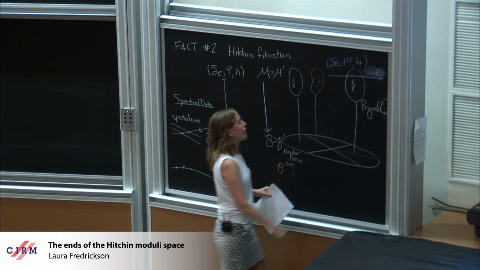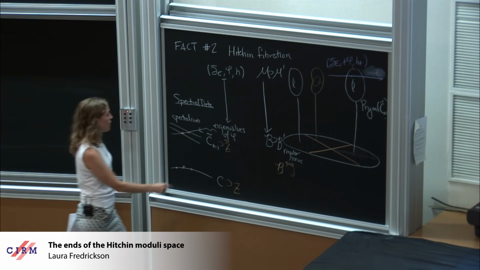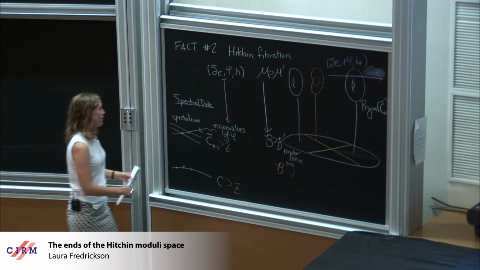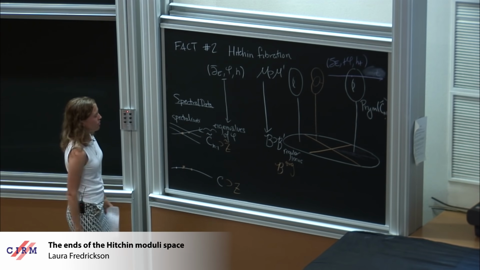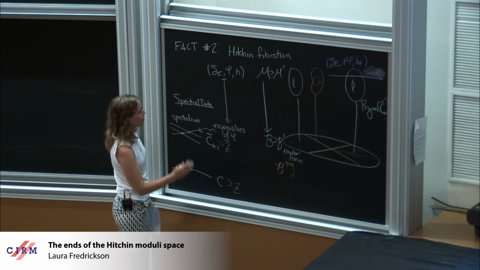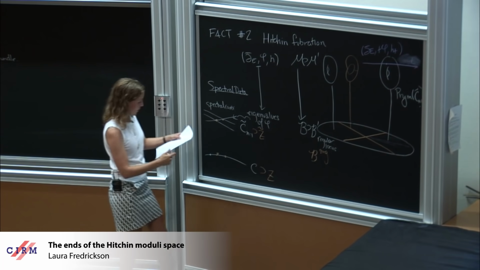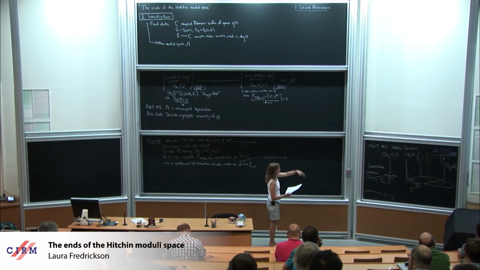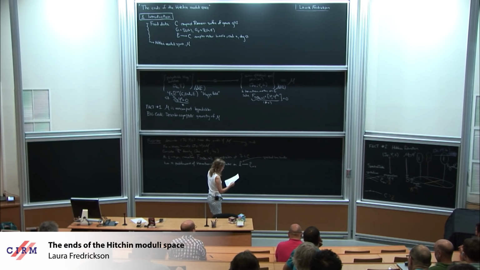So each point in here represents a different line bundle on the spectral cover, and what that line bundle encodes is the eigenspaces. It's the eigen line bundle of the Higgs field, where you associate to each eigenvalue a whole eigen line that's swept out. And so H infinity is the push forward of a Hermitian-Einstein metric on that line bundle.